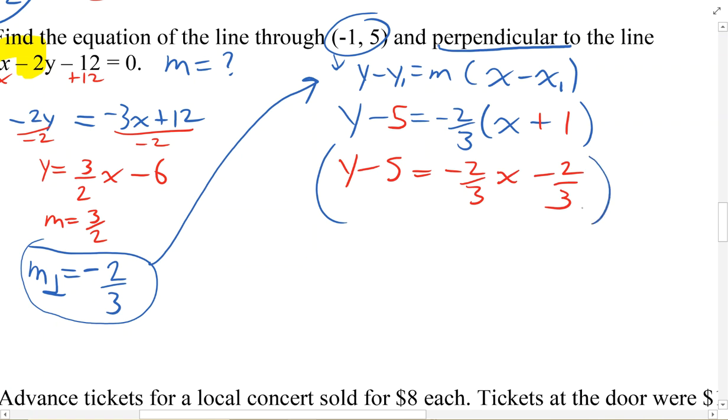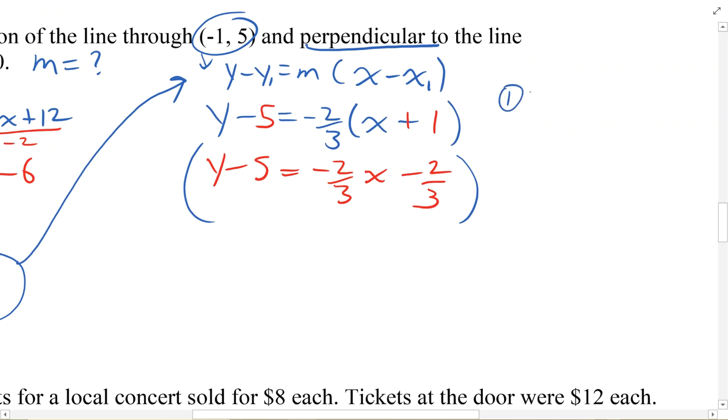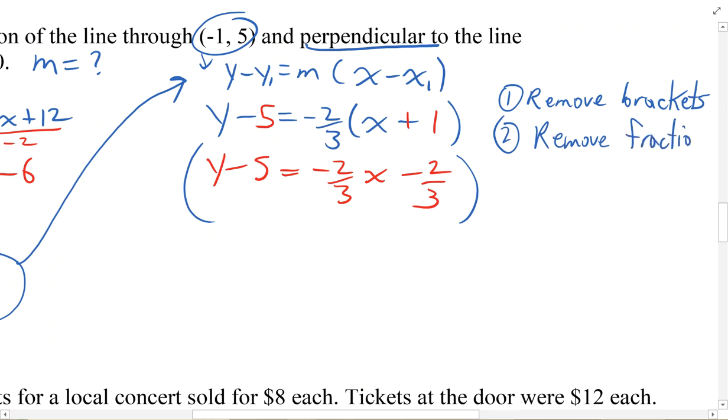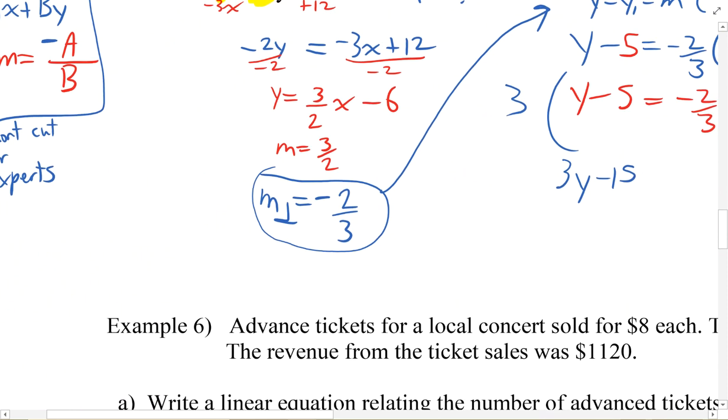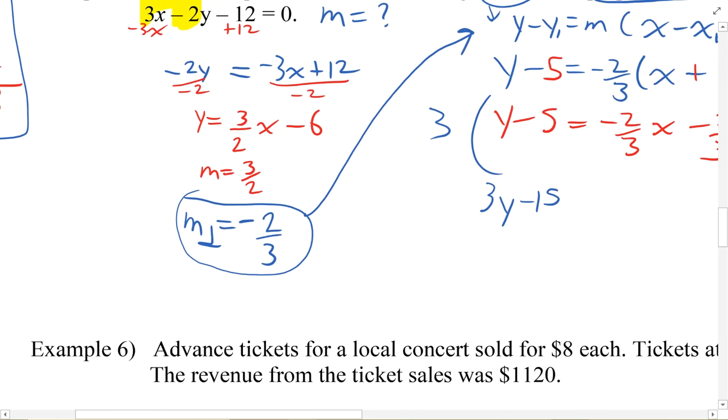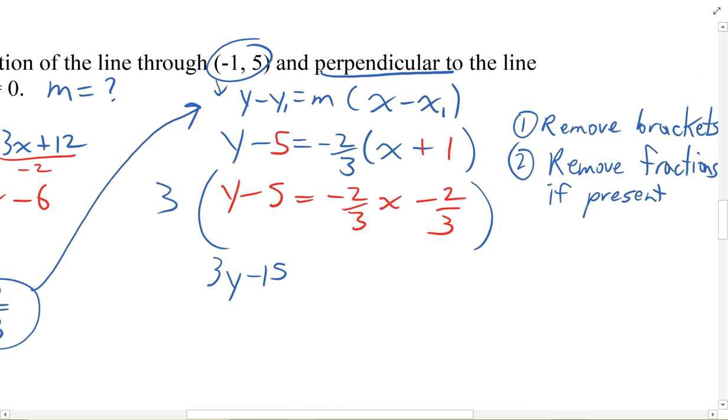So multiply the whole thing by a common denominator to get rid of your fraction. Okay, for the point -1. Yeah, you good?